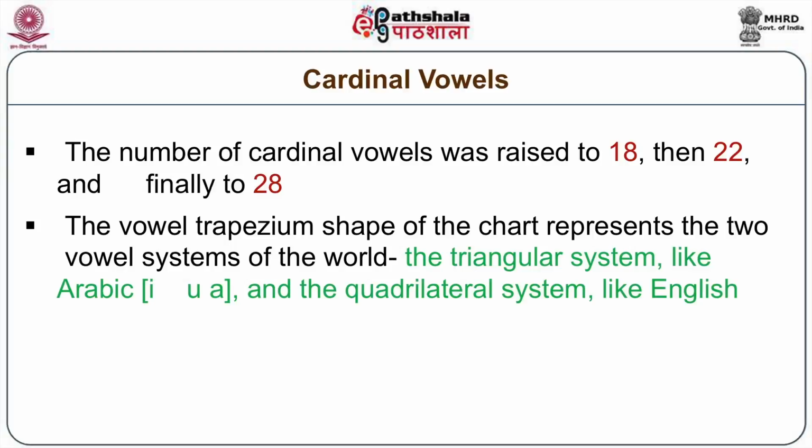The way the trapezium stands today can be seen in the configuration in figure 8.4. The number of cardinal vowels proposed first was 8, but this number went on increasing from 8 to 12, 12 to 18, 18 to 22, and finally to 28. So the diagram that you looked at the beginning has 28 vowel points.